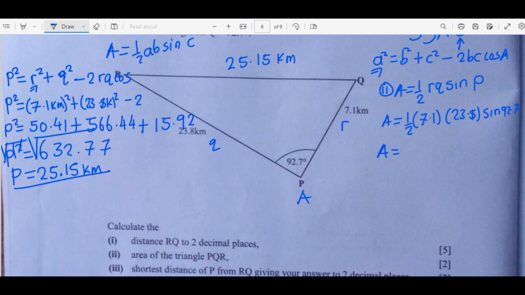So my final answer is area is equal to 84.39, which is 0.4 kilometers squared. So remember, the area must be squared.